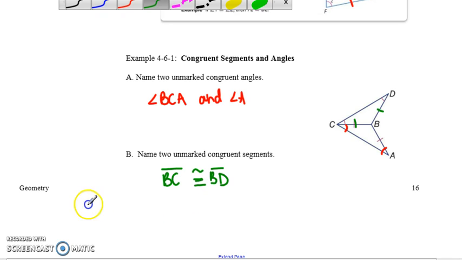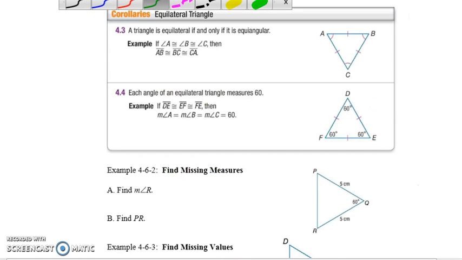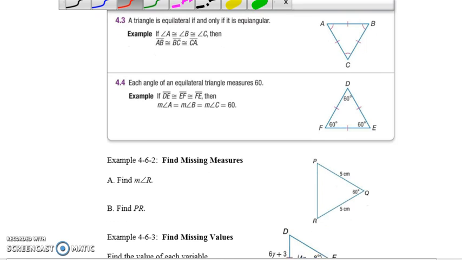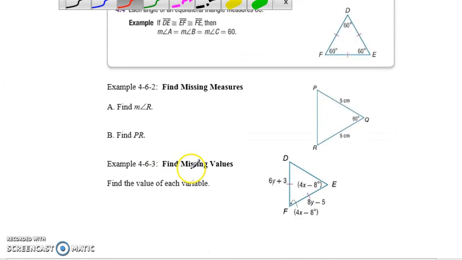All right, so the next page we have equilateral that we're going to be looking at. So a triangle is equilateral if and only if it is equiangular. And then each of the equilateral triangle's angles measures 60 degrees. So a lot of this is review, or should be review. So what should angle R be?